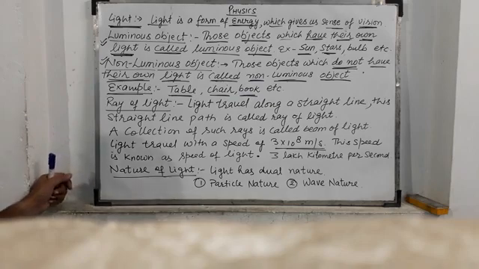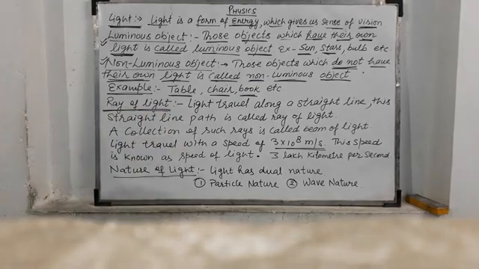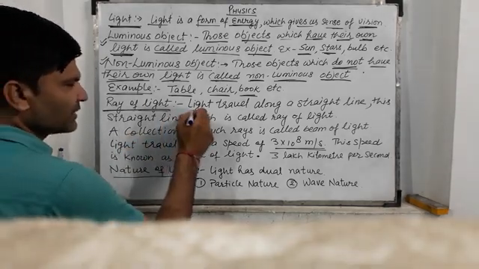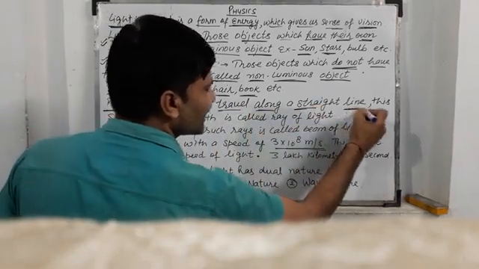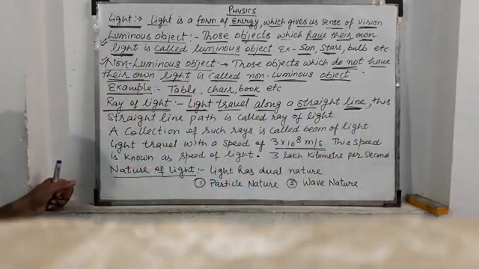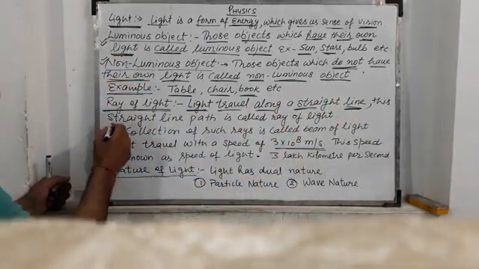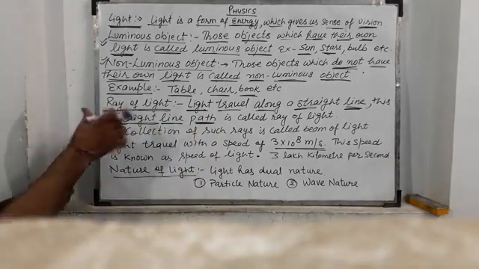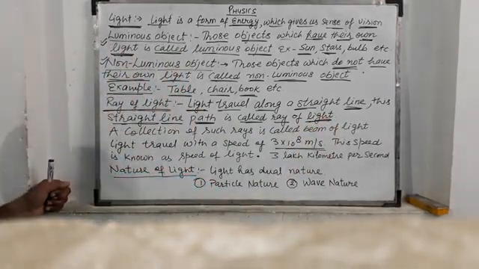Now, what is the ray of light? Light travels along a straight line. This straight line path is called a ray of light.